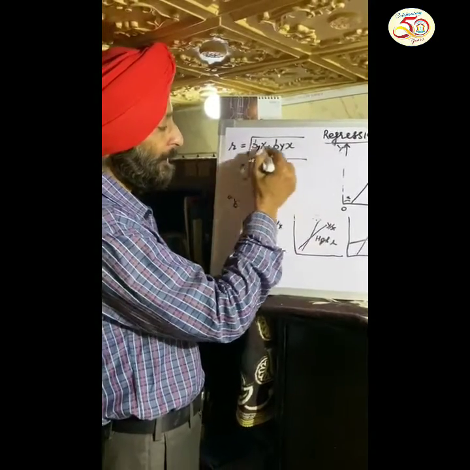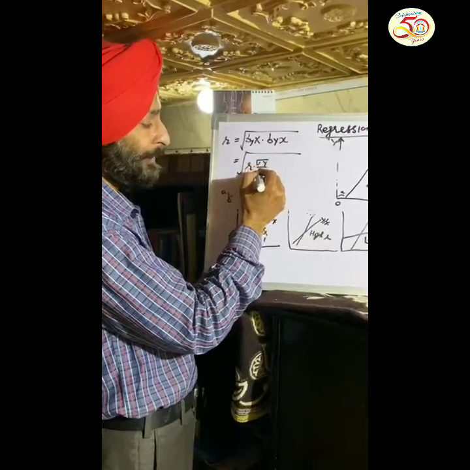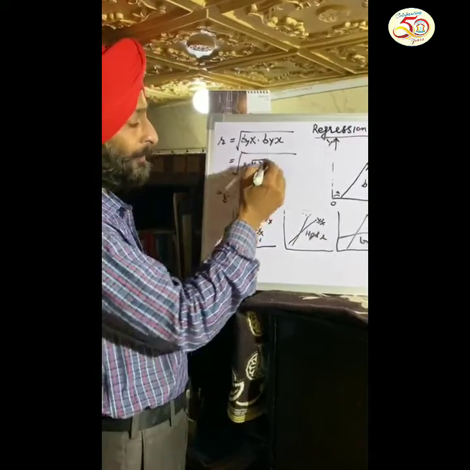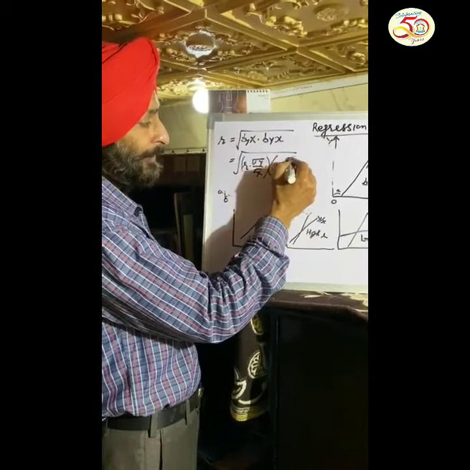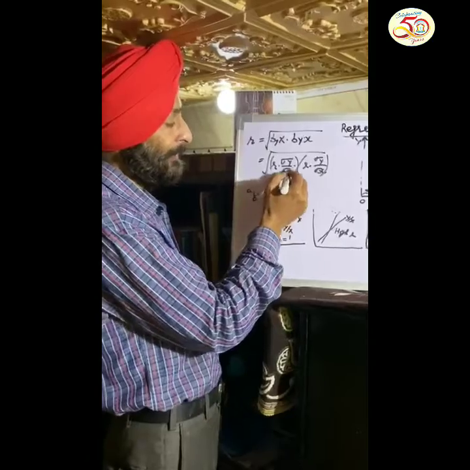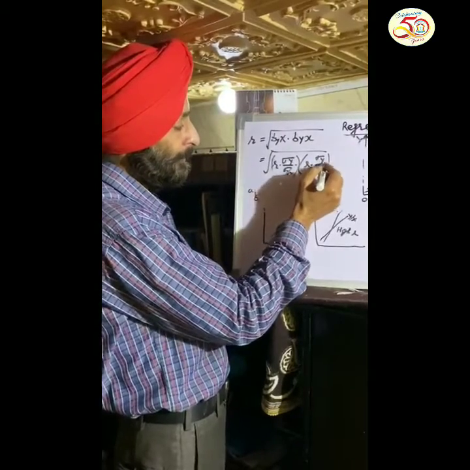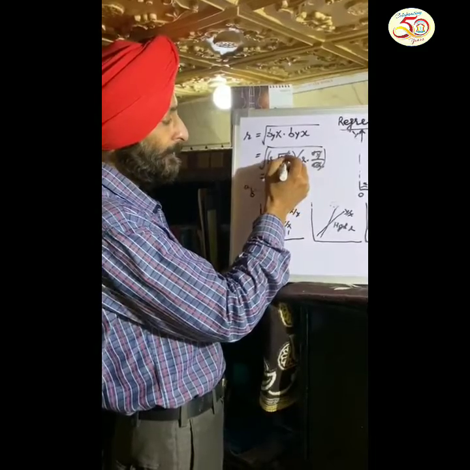Let us prove it. The byx is nothing but correlation into standard deviation of y over standard deviation of x. Similarly, bxy is correlation into standard deviation of x over standard deviation of y.